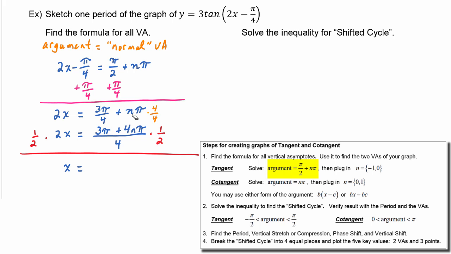Be sure you don't make that common error where you think you can cancel the 2 with this 4. They do not cancel because you cannot also cancel it with the 3. So we get x is equal to 3 pi plus 4n pi over 8. And this is our formula which finds all the vertical asymptotes of this function.